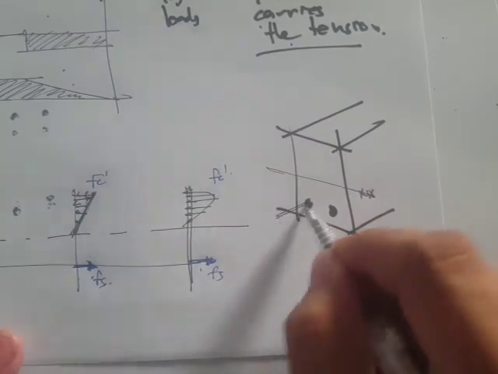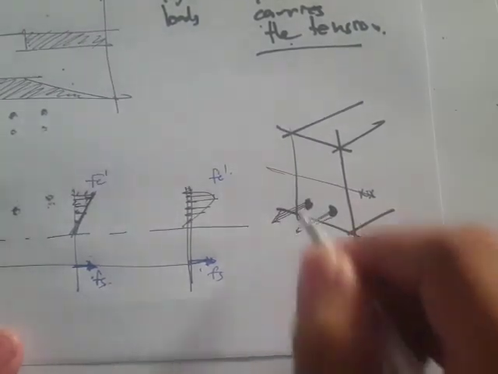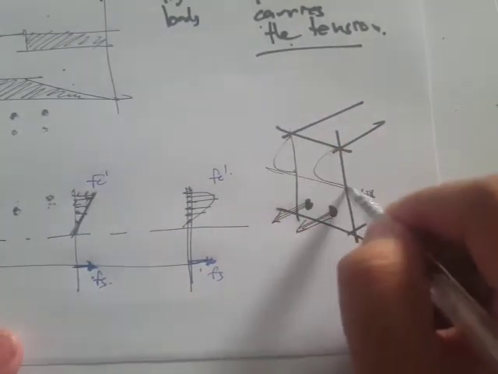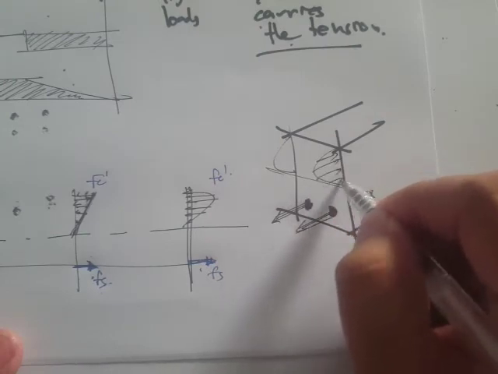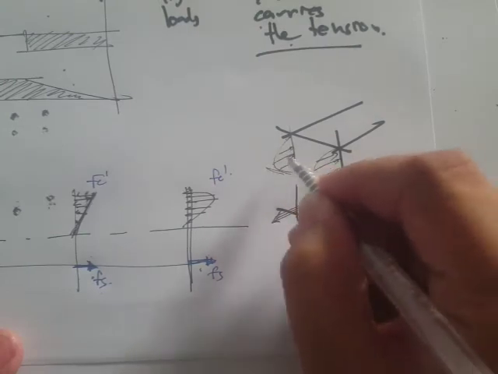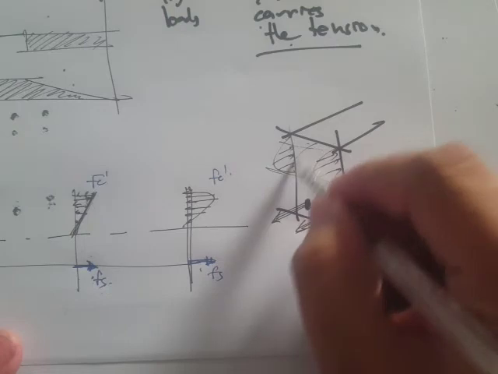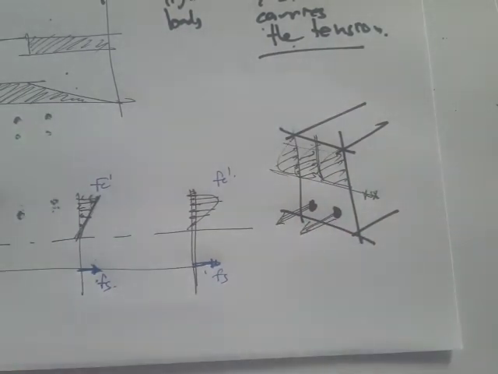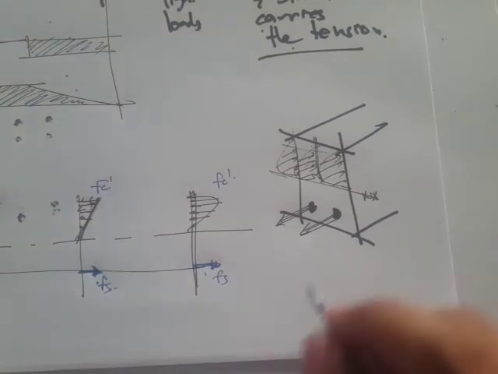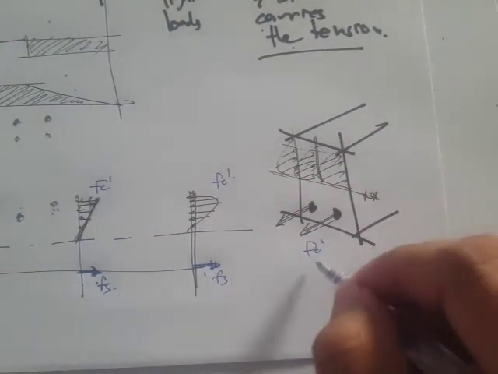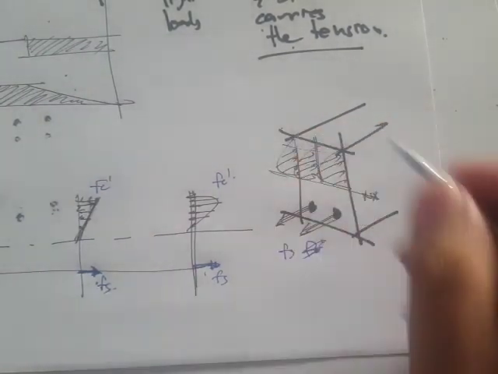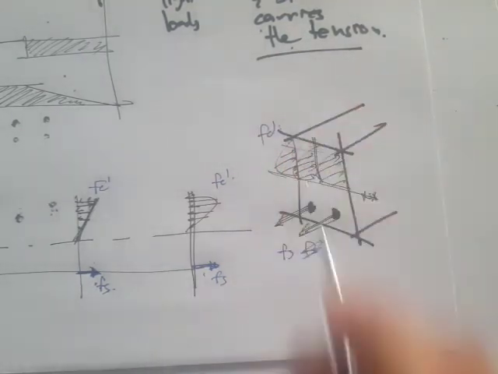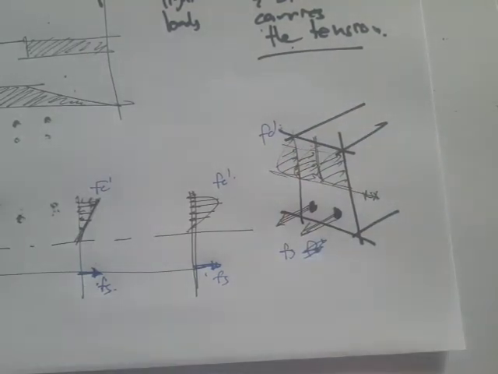So we have stresses here, and then we also have stresses on this compressive zone. So that's the stress distribution. This is Fc prime, no, sorry, Fs, and then this one is Fc prime.